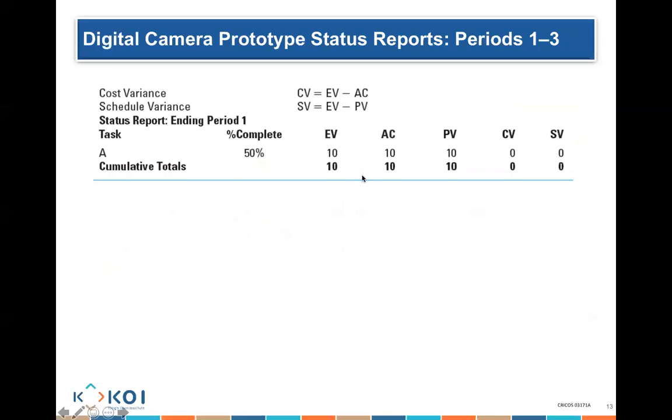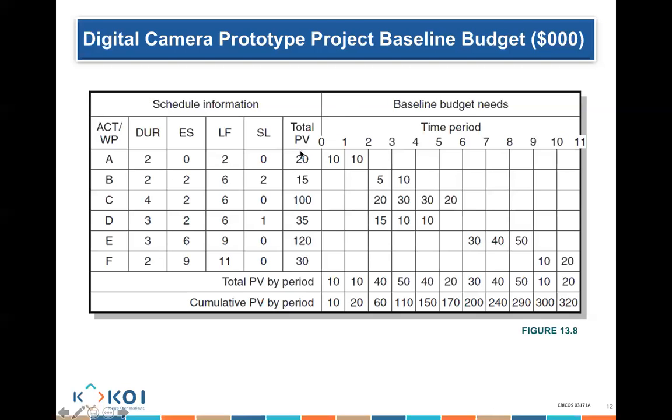Now, look at this example. We're going to basically make the comparison. Look at period 1. Guys, how much is period 1? How much is activity 1 supposed to cost me? The overall planned value for the whole activity A? What's the planned value for A? $20. How much am I supposed to earn in period 1? 10.